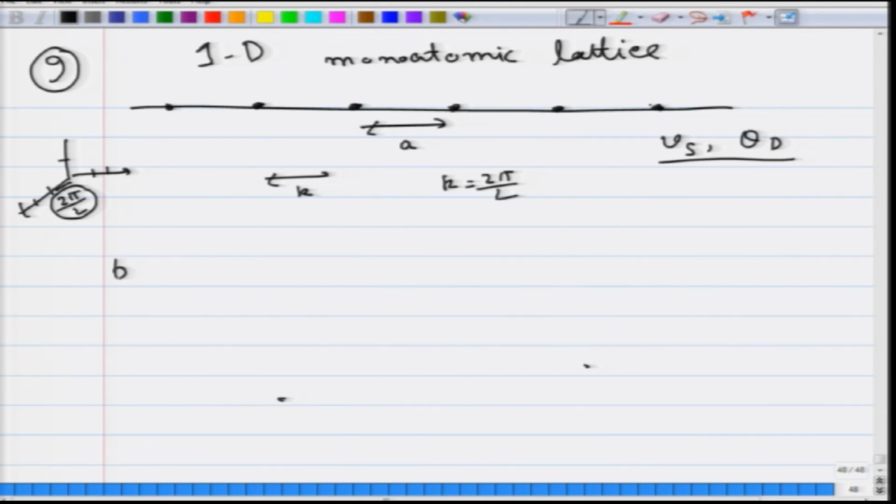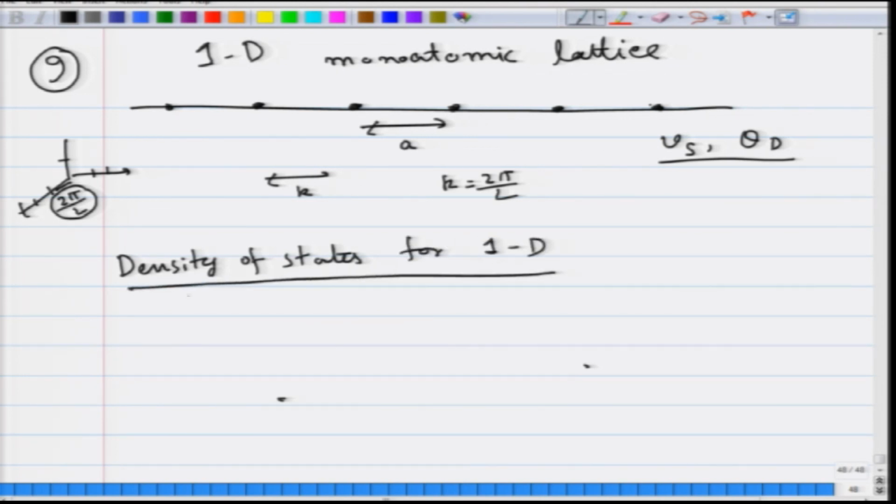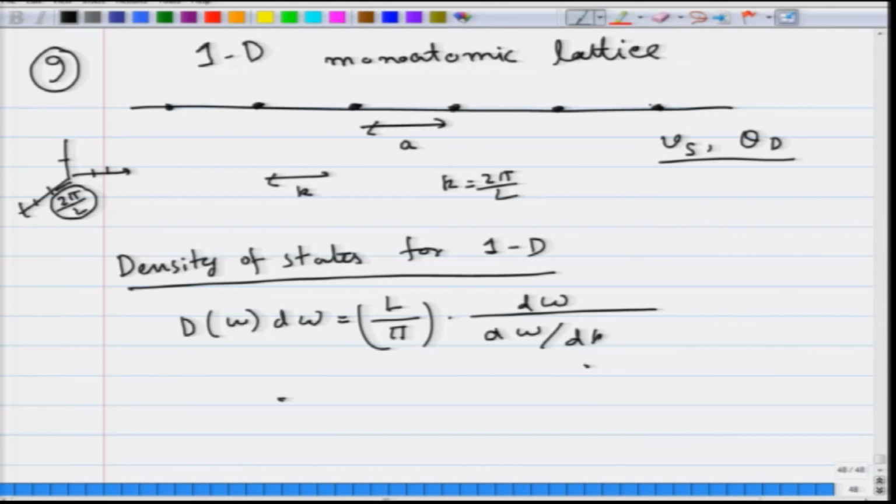So the density of states for 1D, I can write as L by pi, d omega by dk. If we use the periodic boundary condition we will get 2 pi, and for a long chain we will have pi by L. Just seek detail if you have any confusion.